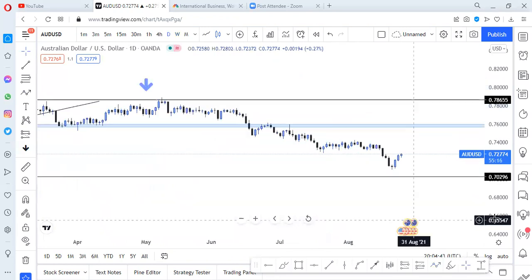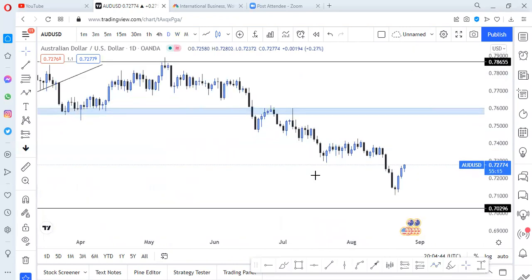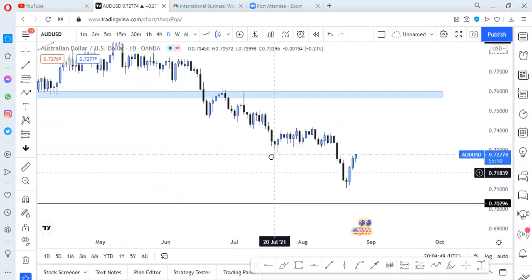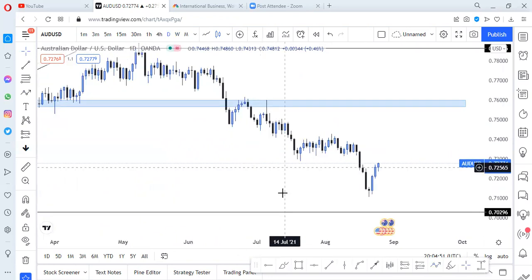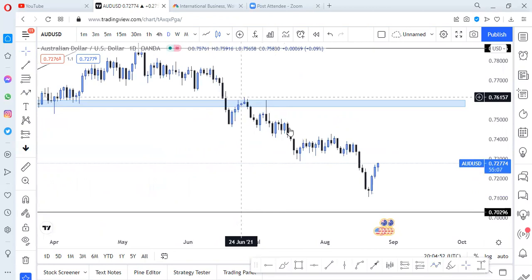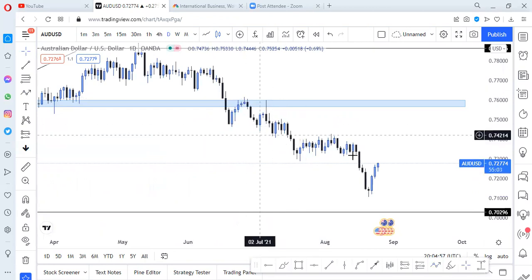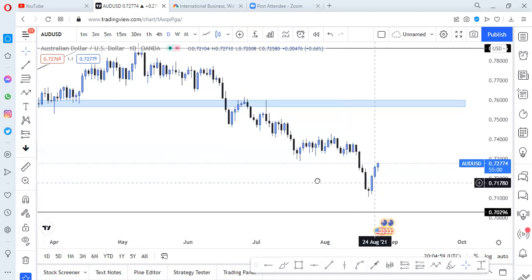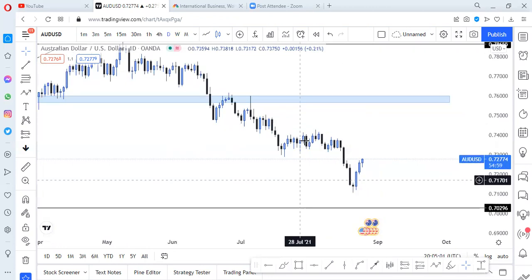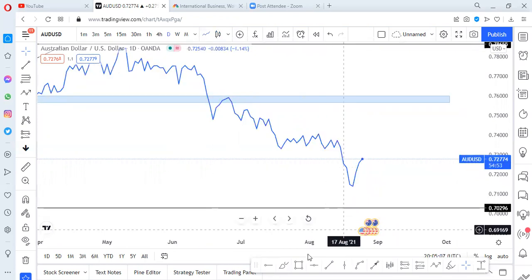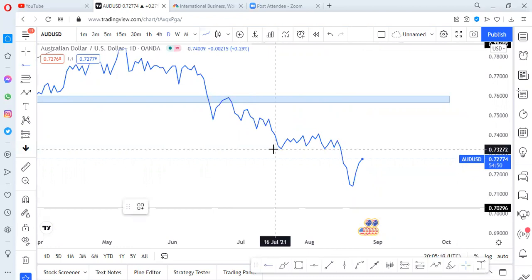So now even here it's clear, all right, we can see that after these impulsive moves there's correction, right? Correction, impulsive move, correction, impulsive move, correction. So now, since we are aware of this, on the daily chart, we can just try to highlight some of our levels of support right there.